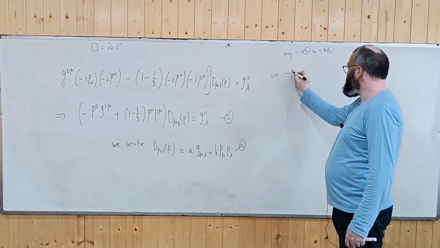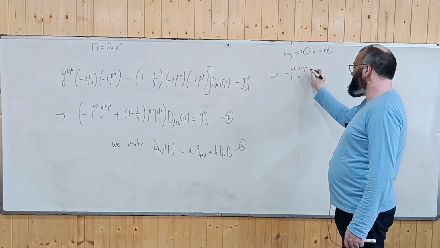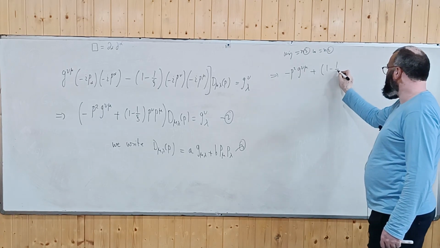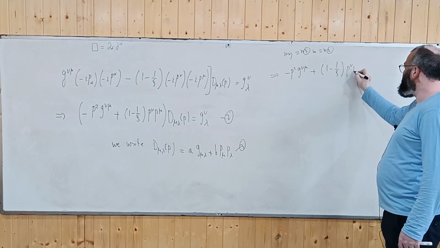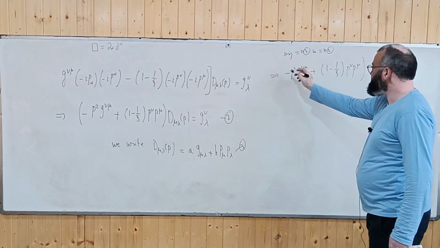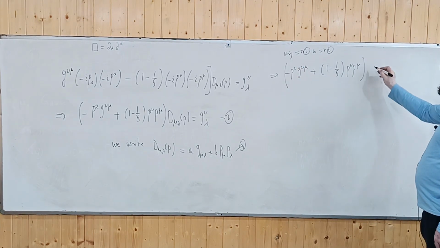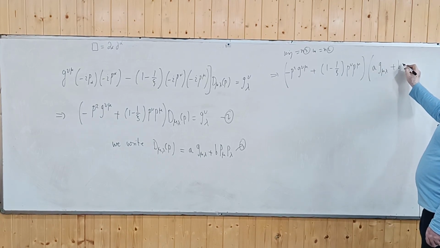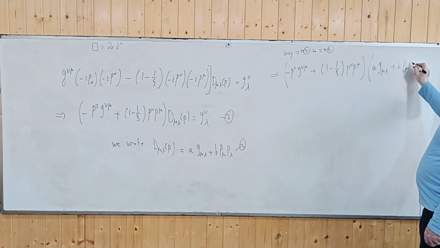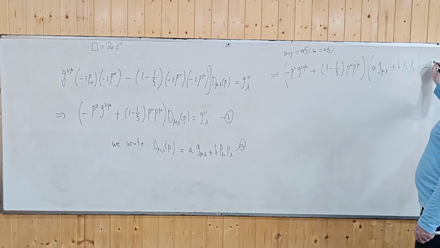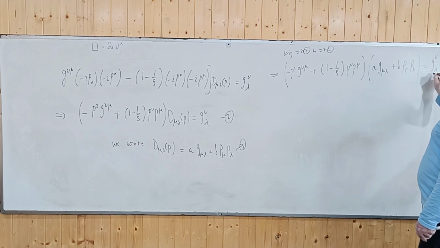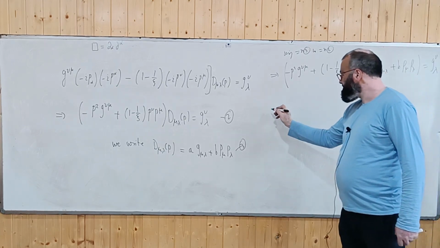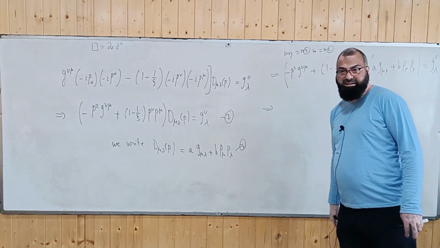It is minus p squared g nu mu plus (1 minus 1 by zeta) p mu. What is this D mu lambda? It's a g mu lambda plus b p mu p lambda, and that's equal to g mu lambda. So a and b are Lorentz scalars.